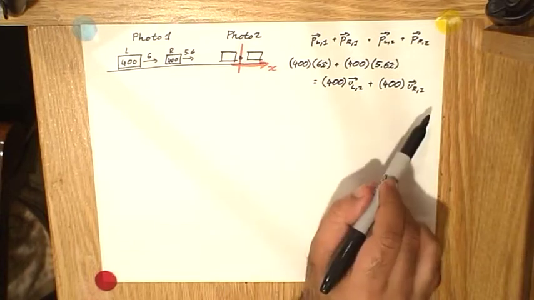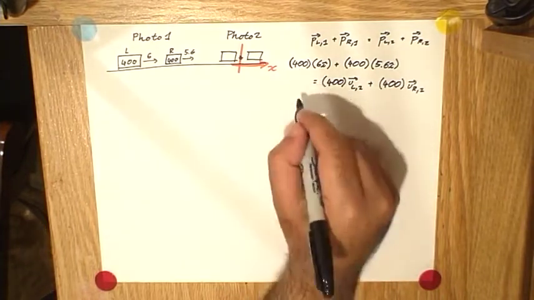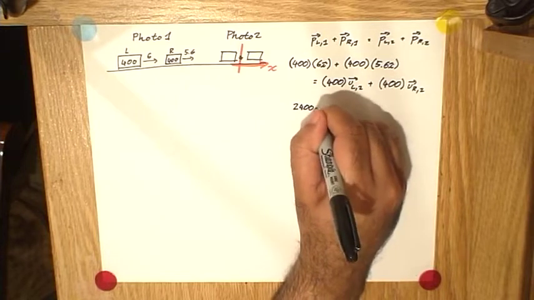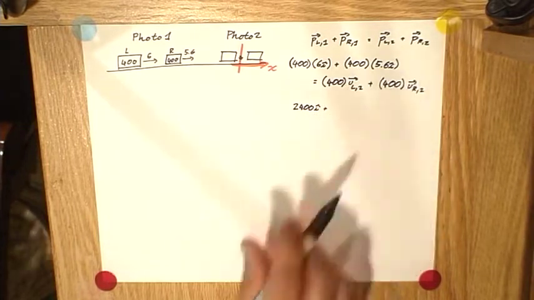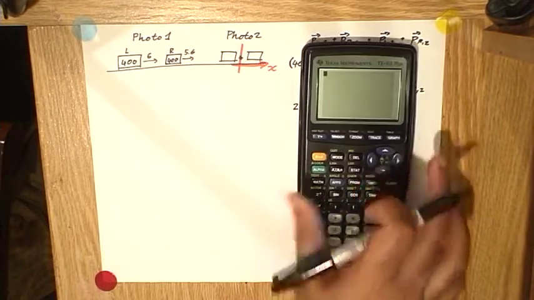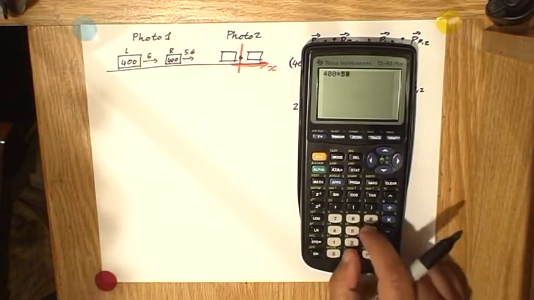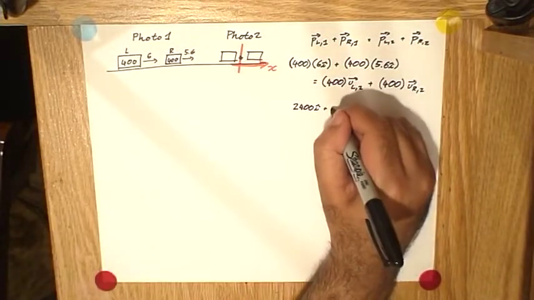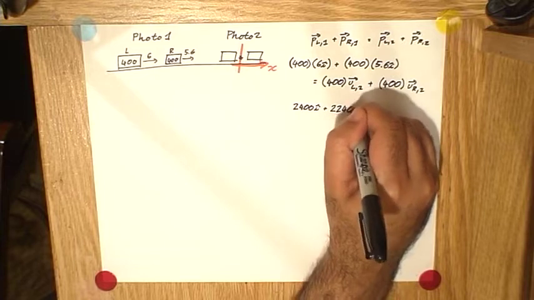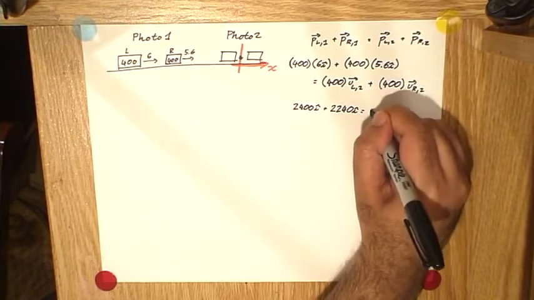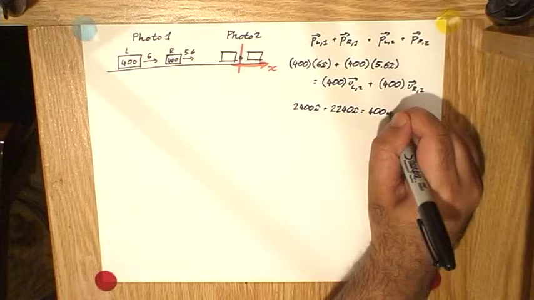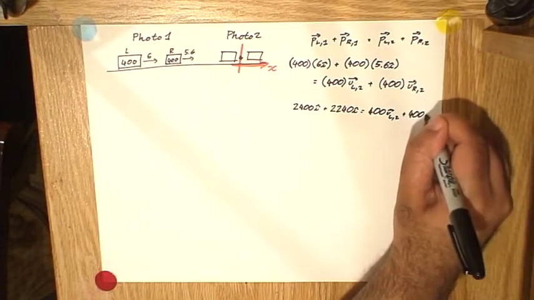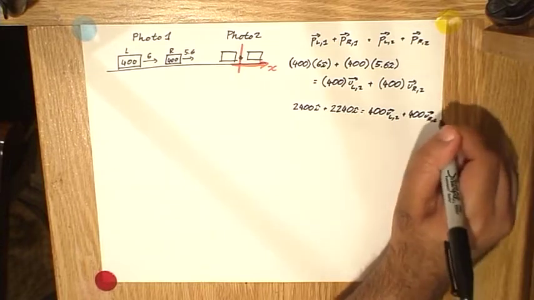Now, let us start simplifying this. 400 times 6 is going to give us 2400 i hat, plus 400 times 5.6, I don't know that off the top of my head, is 2240. And all of that's equal to 400 times the velocity of the left car in photo 2 plus 400 times the velocity of the right car in photo 2.